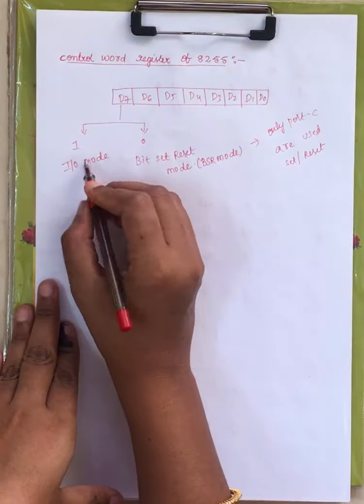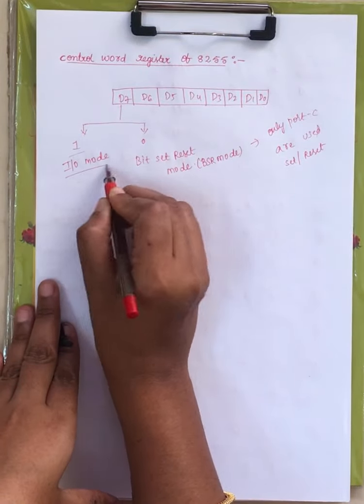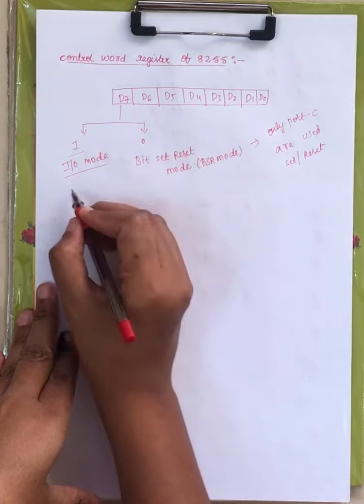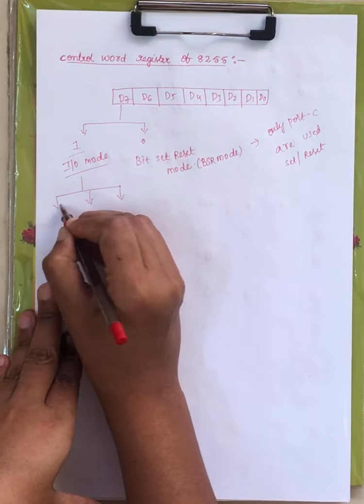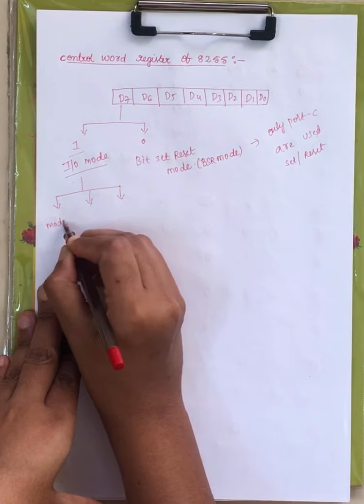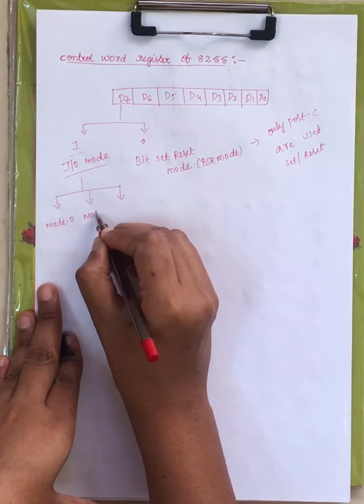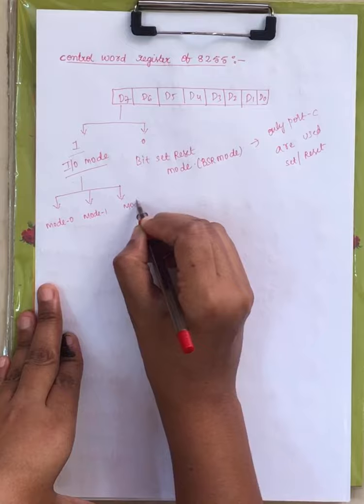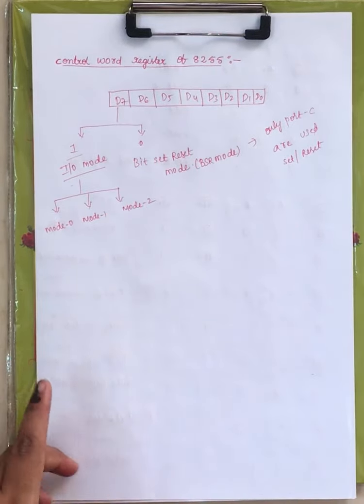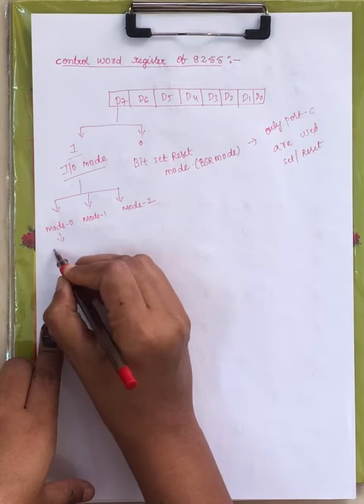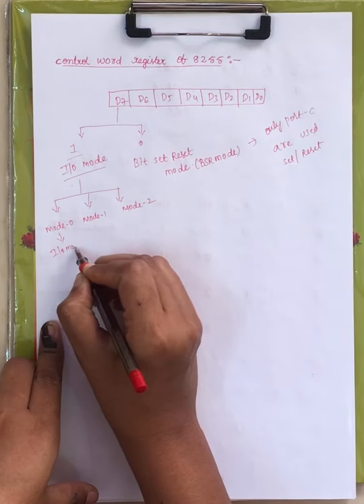As I have said, when D7 is logic 1, it is operating under input or output mode. Now what are the operating modes of 8255? 3 modes: mode 0, mode 1 and mode 2. What is mode 0? All ports act as basic input or output.